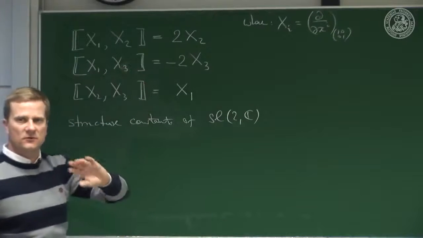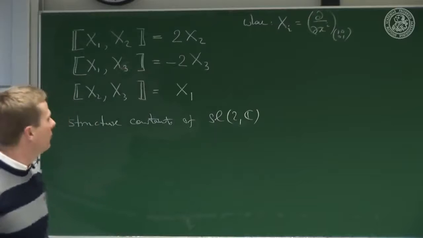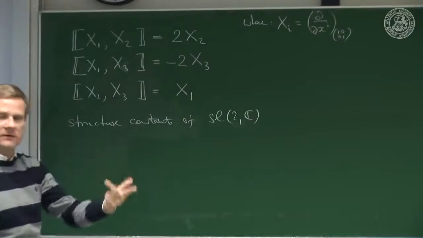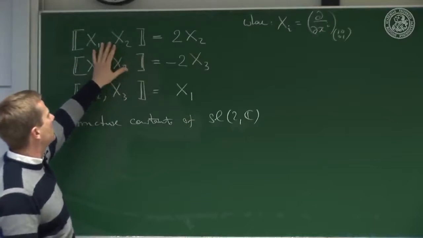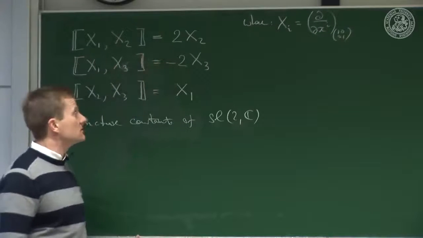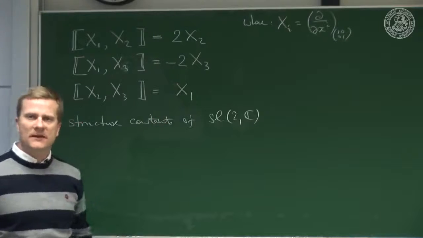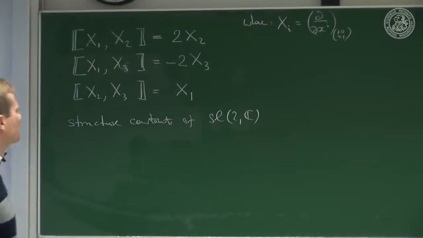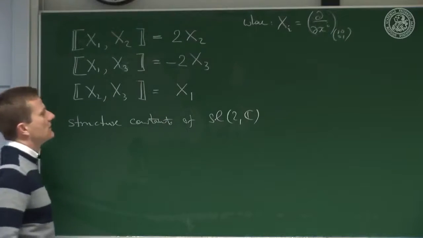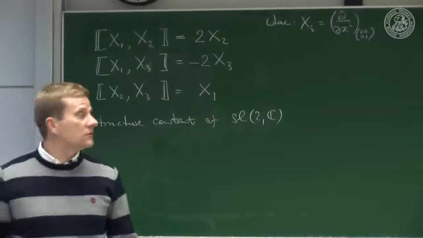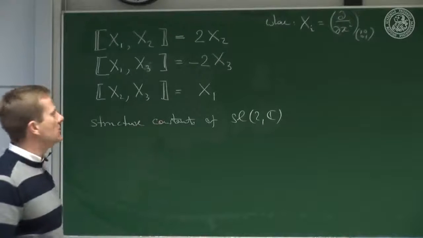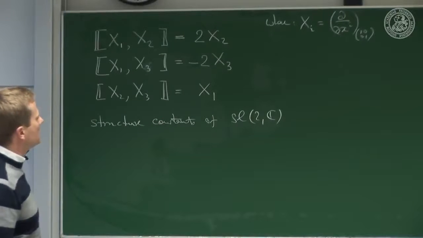If we had chosen different coordinates on the Lie group, we had a different coordinate-induced basis in the tangent space, and you'd get different structure constants. So the structure constants depend on the basis, but of course we know how to transform between various bases. So in fact, it's enough to say in some basis they look like this. You can get another one.